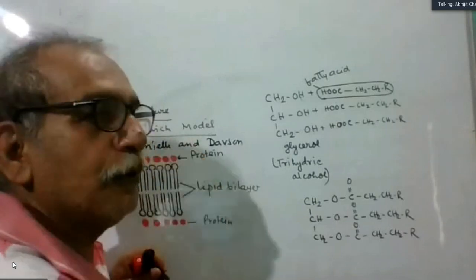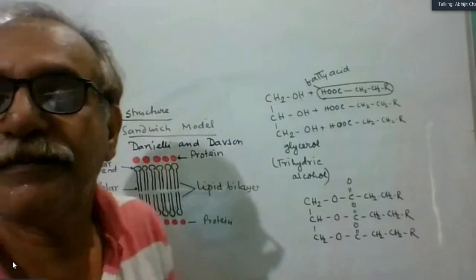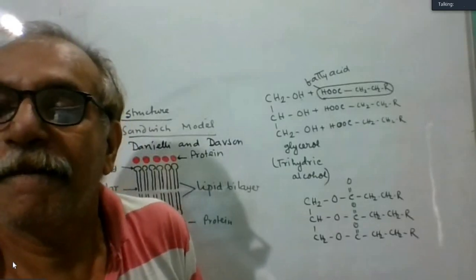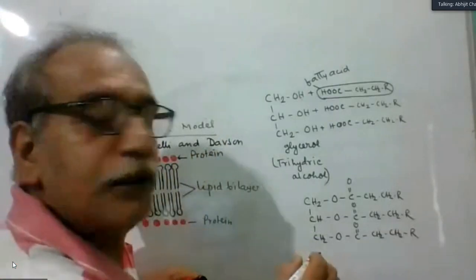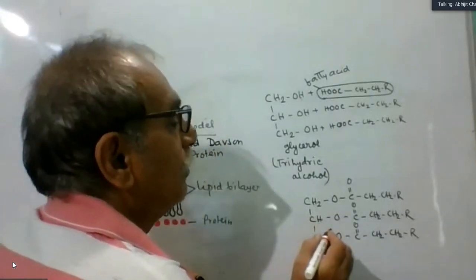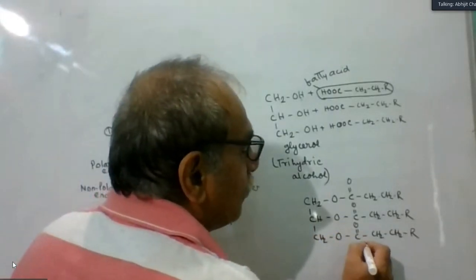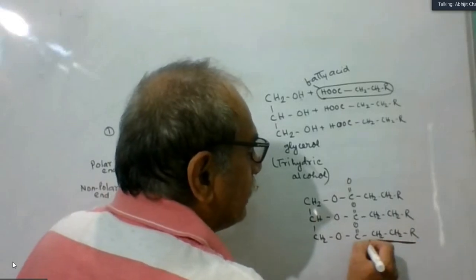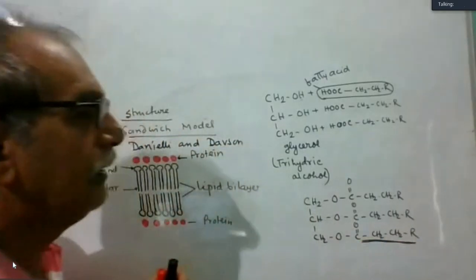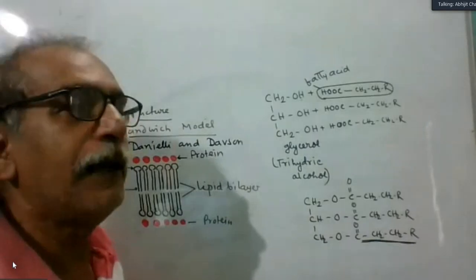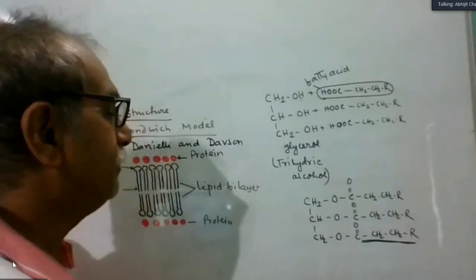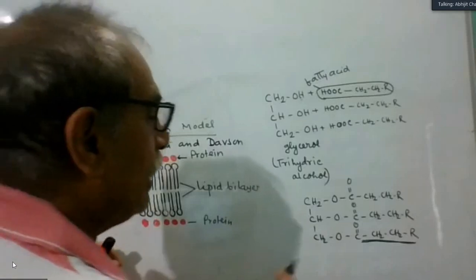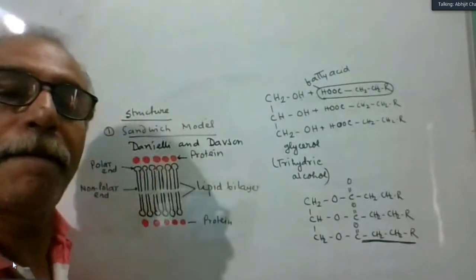But it is a phospholipid. What is special about phospholipid I am showing you? For this one phosphate group, one fatty acid is required to be replaced by a phosphate group. That means, look at this diagram.